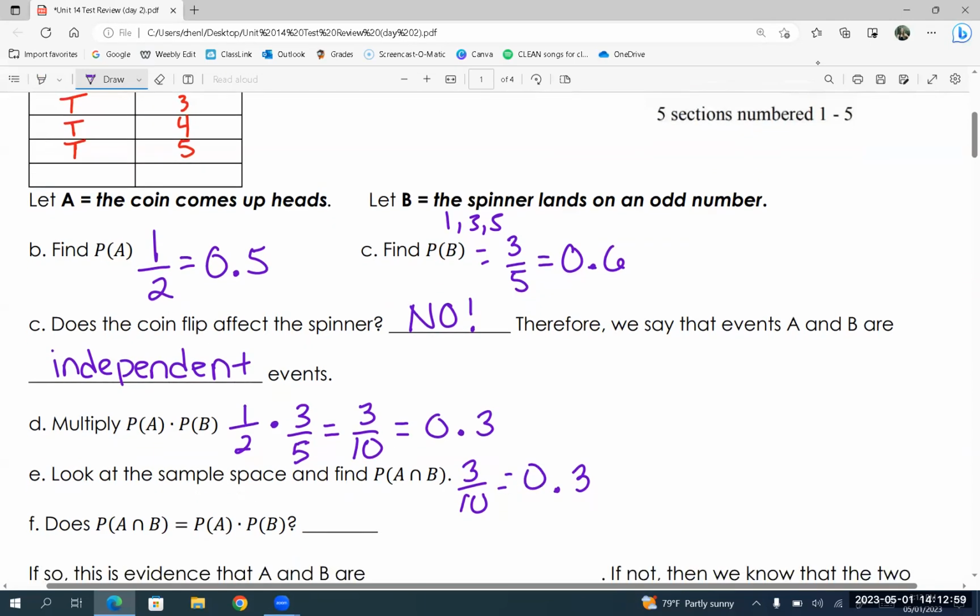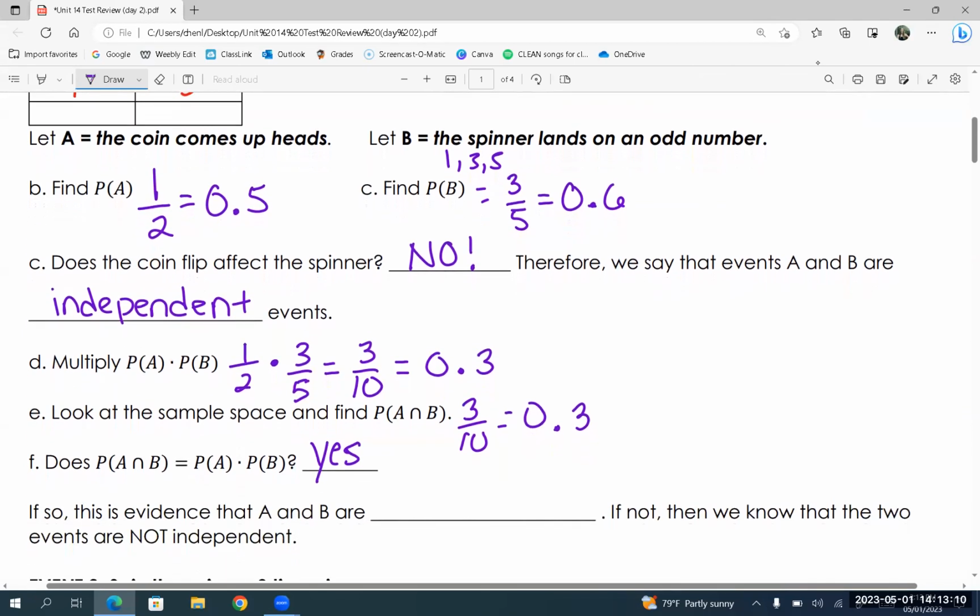Okay, part F, does the probability of A and B equal the probability of A times the probability of B? Yes, it does. If so, this is evidence that A and B are independent.